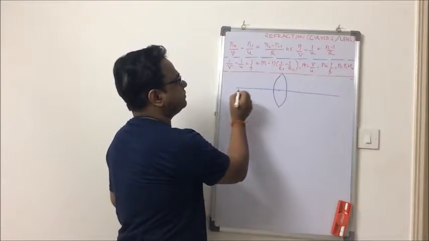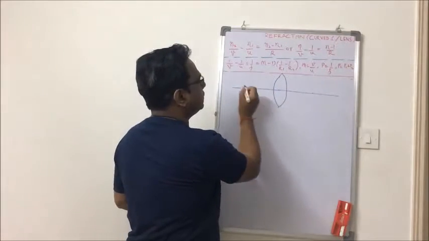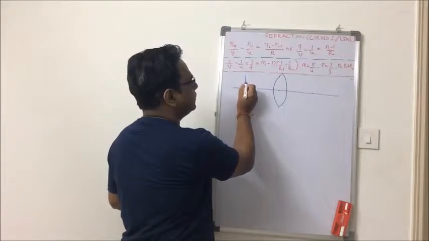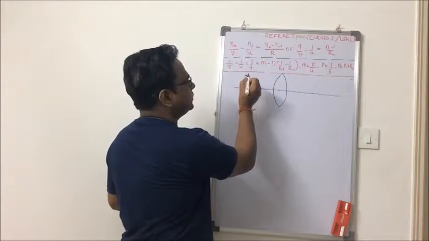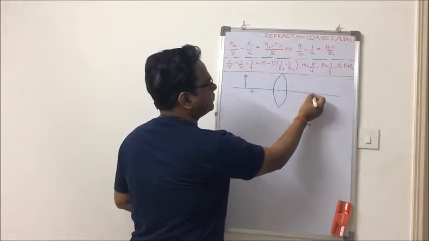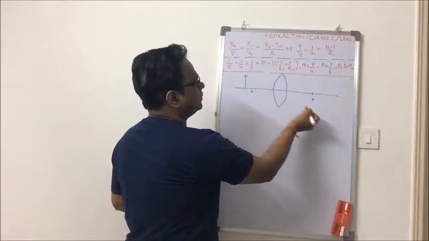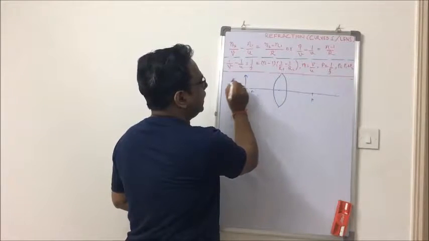Okay, here again we will take this linear object which is somewhere before the first focal point.